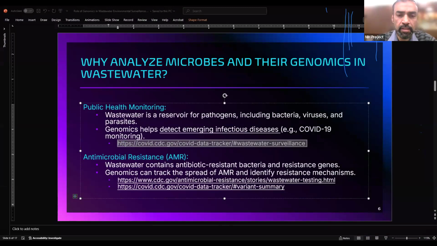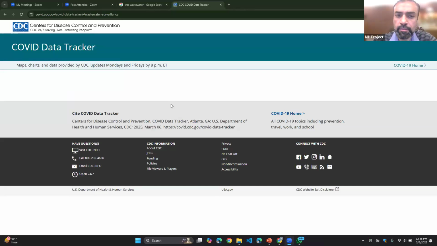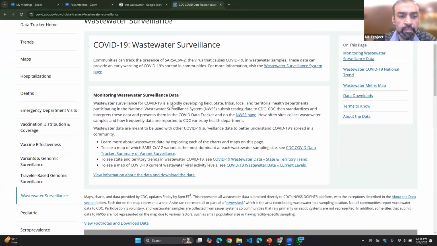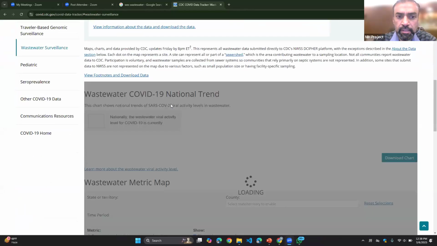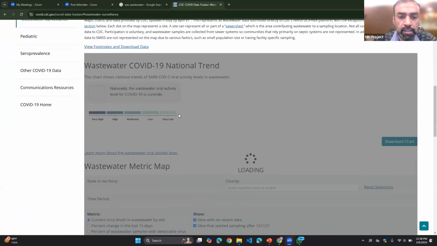By looking at this, we can understand what's going on with the genomics level analysis, and how things are being covered at different levels. Here you can see the wastewater analysis and the COVID-19 national trends, which are being reported by the CDC on their dashboard.